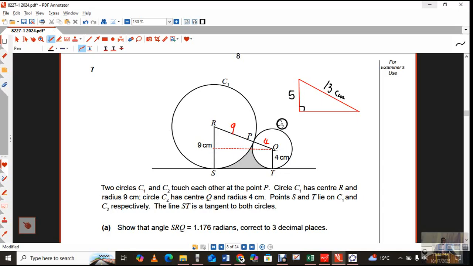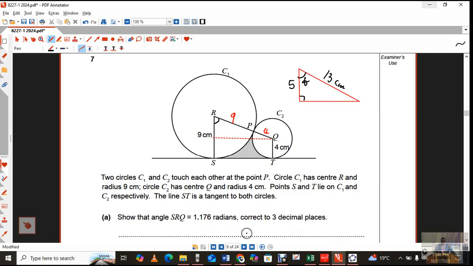Okay, very interesting that you realize what it is that I'm doing over there. Another thing to note: this triangle is basically the triangle that I have over there. Then they want us to show that angle SRQ, this angle over here, which I'll call theta, is this many radians.